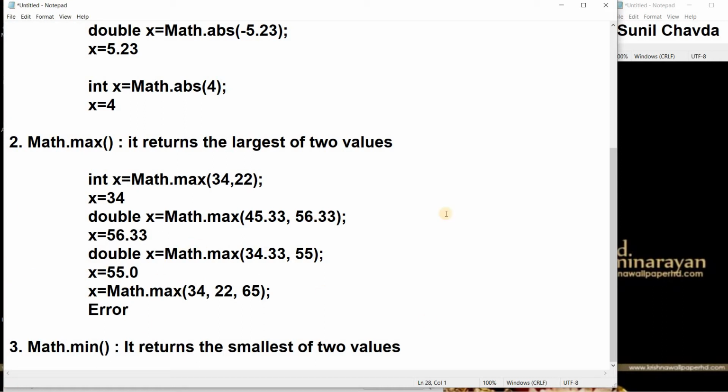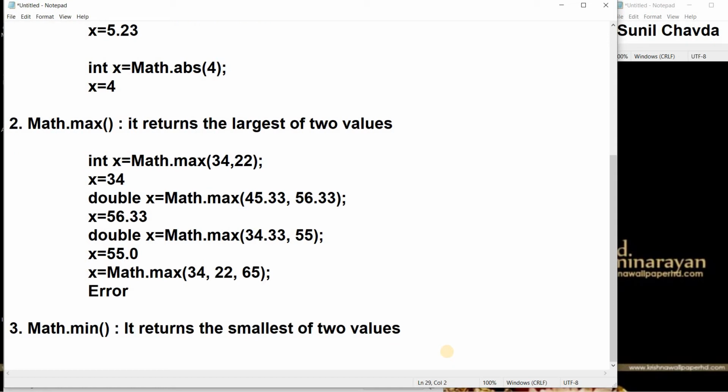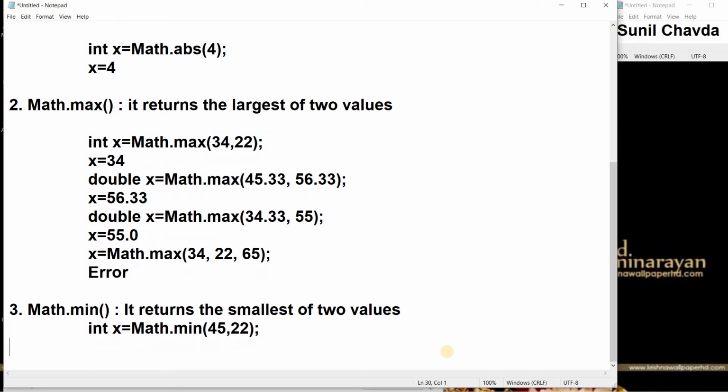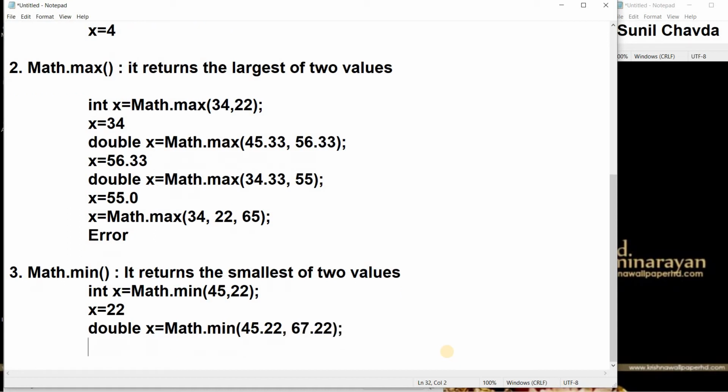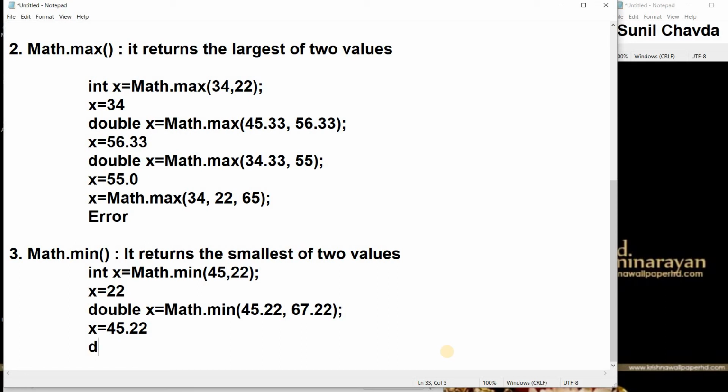Then we have math.min. What is the job of math.min? Yes, it will give you the smallest value. So depending upon the type provided, it will react. If I am providing two integers, x will be 22. If I am providing two double values, then the system will return a double value. So here the smallest number is 45.22. What if I provide one integer and one double?